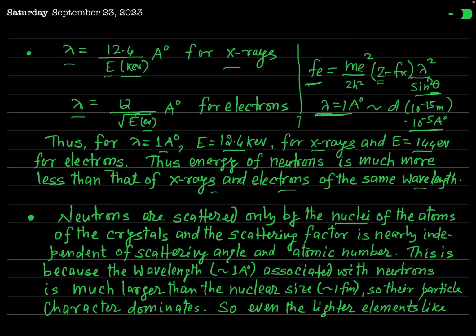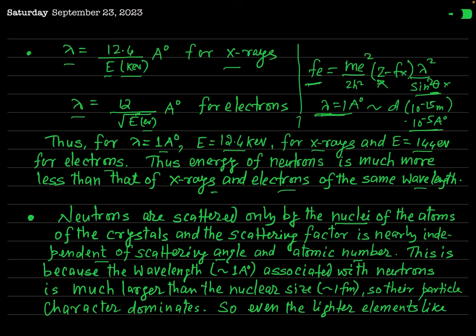The particle behavior of neutron actually dominates in this case. So I have written it here: neutrons are scattered only by the nuclei of atoms of the crystals, and the scattering factor is nearly independent of the scattering angle and atomic number. It means in case of neutron, this scattering factor does not depend on this Z and this theta.